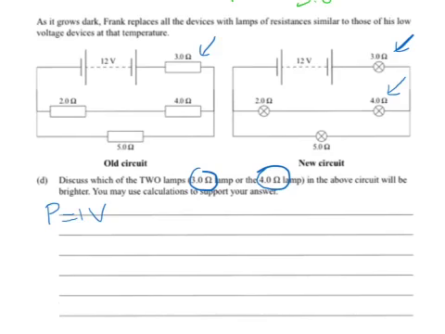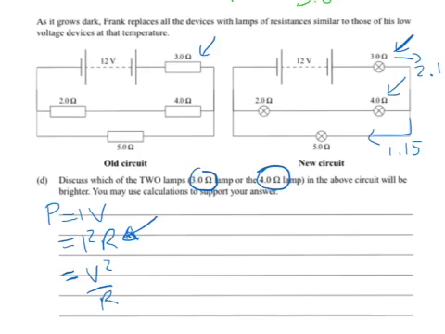Because V equals I times R, you can have a power of I squared R, and it can also be V squared over R. Since we already have the current values, I would use I squared R, because we know the current going through here is 1.15 amps, and the current going through the 3 ohm resistor is 2.09.